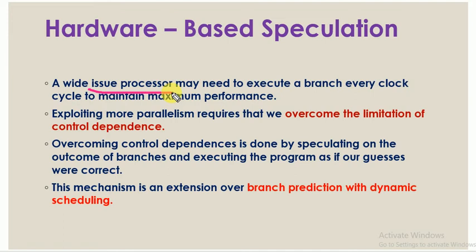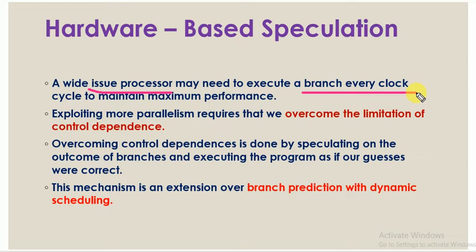When we use wide issue processors, they may need to execute a branch every clock cycle. Some processors use several branches, and in every clock cycle they need to perform some branch operation. So we need some enhancement for such processors because branching normally costs more. If in every clock cycle you have more branches to be executed, we need a solution for this particular situation.